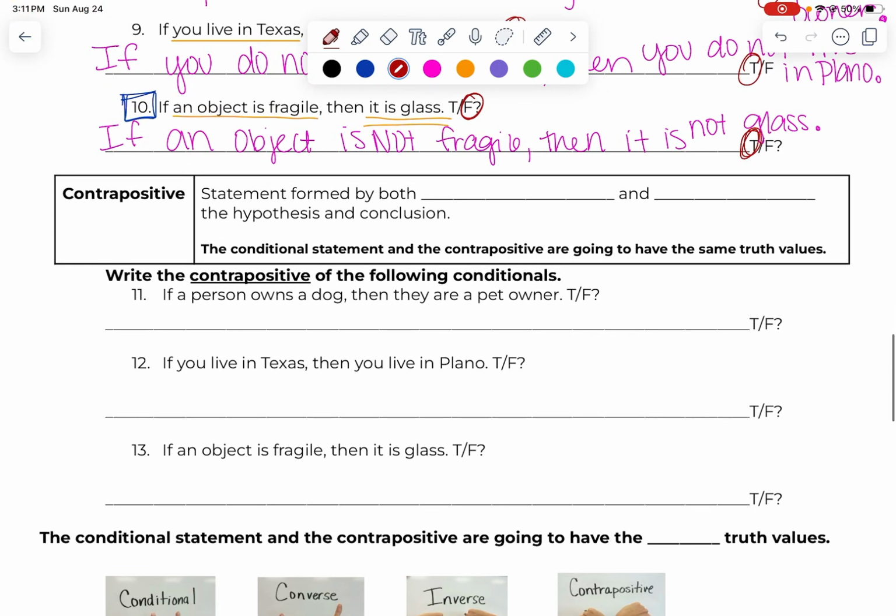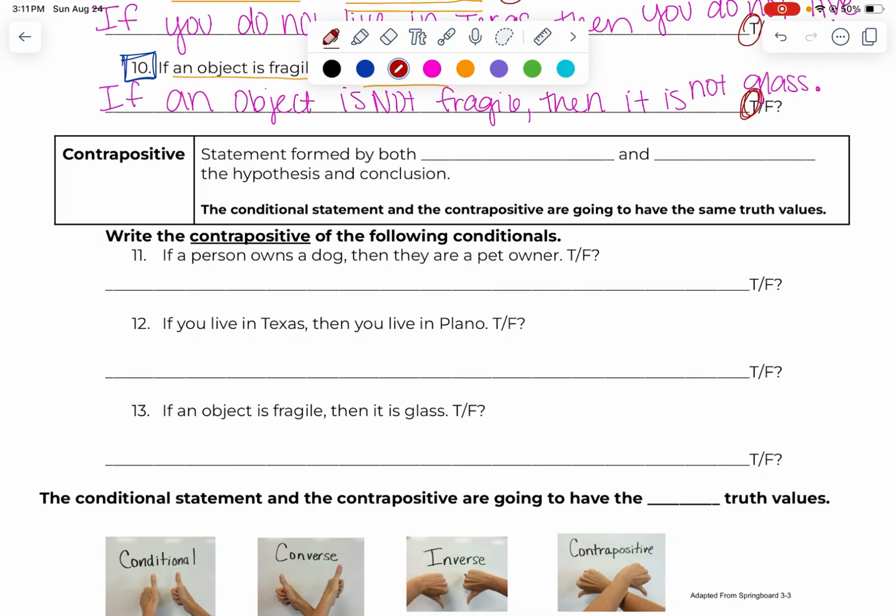All right, our last new word of the day, contrapositive. This is formed by negating and exchanging the hypothesis and conclusion.